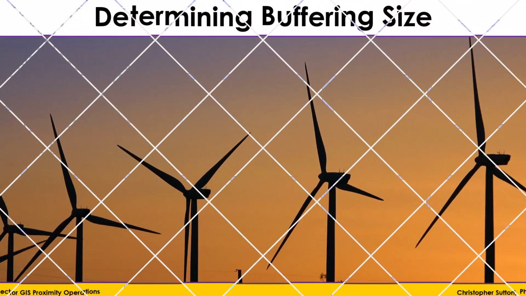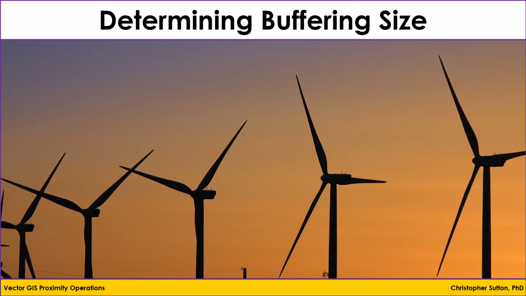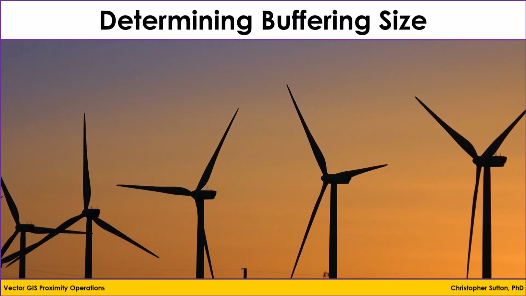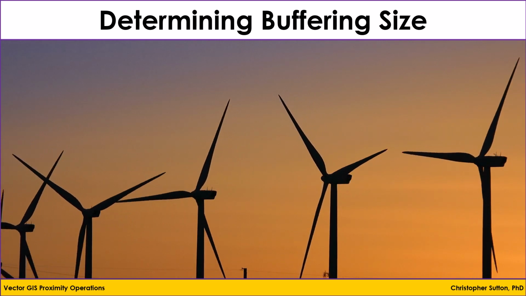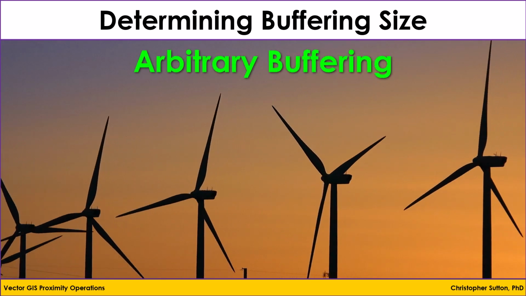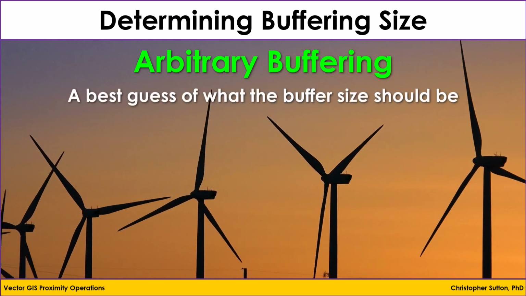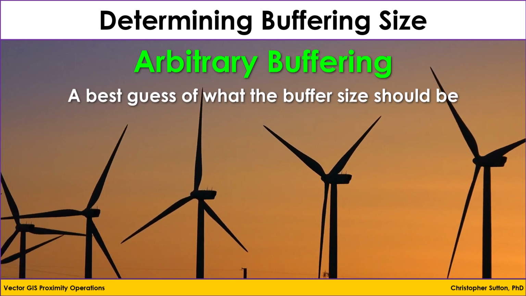Well, this is how buffers work, but how do we actually come up with how big a buffer should be? Well, there are 3 primary ways of defining buffer size. One is what we call arbitrary buffering. As the name implies, we're just using an arbitrary number based on our best guess of what we would like the buffer size to be.